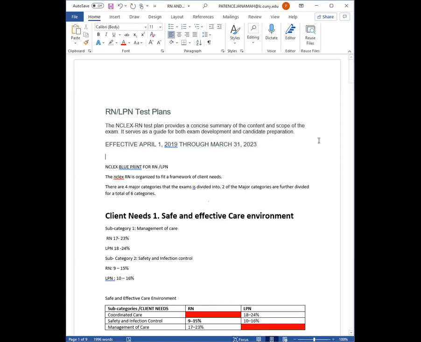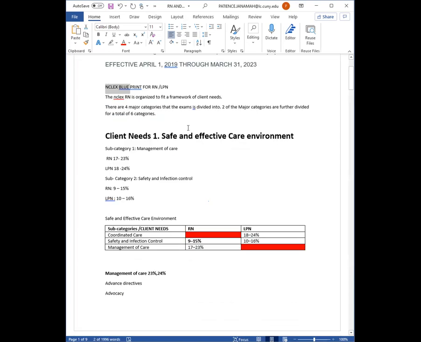For the NCLEX RN and the LPN, most often the LPNs tend to think that this exam is supposed to be for the RNs, who study vigorously for it. I have had people who had the option to take the RN and they still went to take the LPN because somebody told them the LPN is easier.